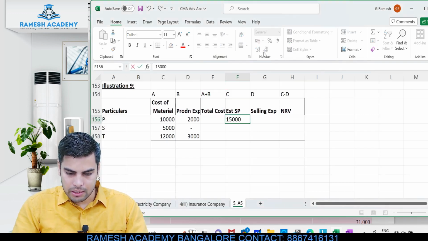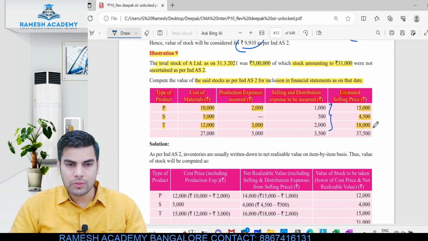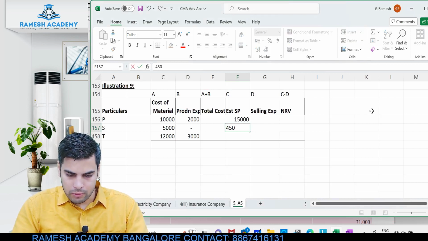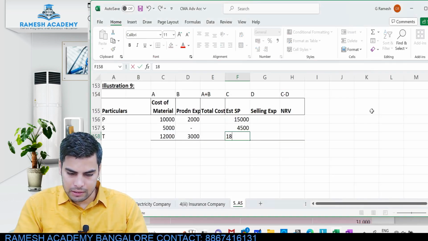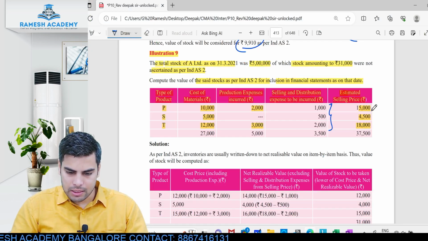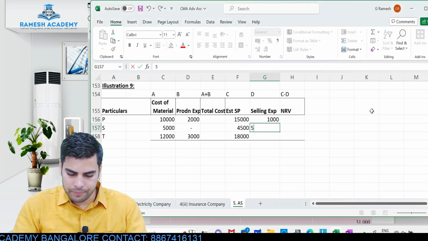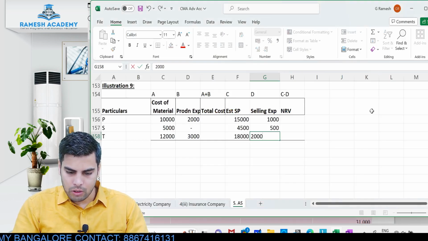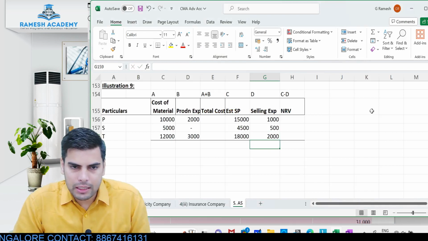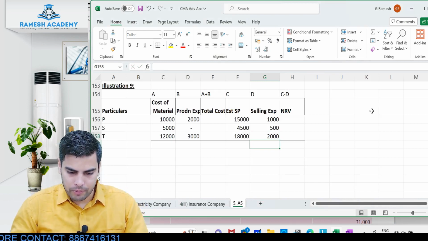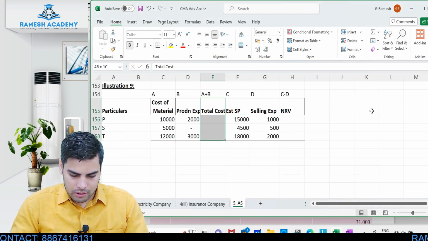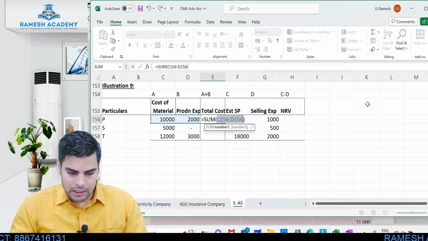Estimated selling price they have given as 15,000, 4,500 and then 18,000. What about the selling expenses? Selling expenses has been given as 1,000, 500 and 2,000. So for the purpose of selling these items, I need to spend so much of amount. Total cost, how do I calculate this? I just need to add these two.